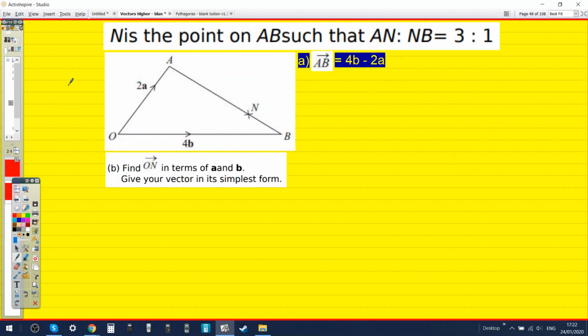Okay, let's try this one. N is the point. Okay, so 3/1.